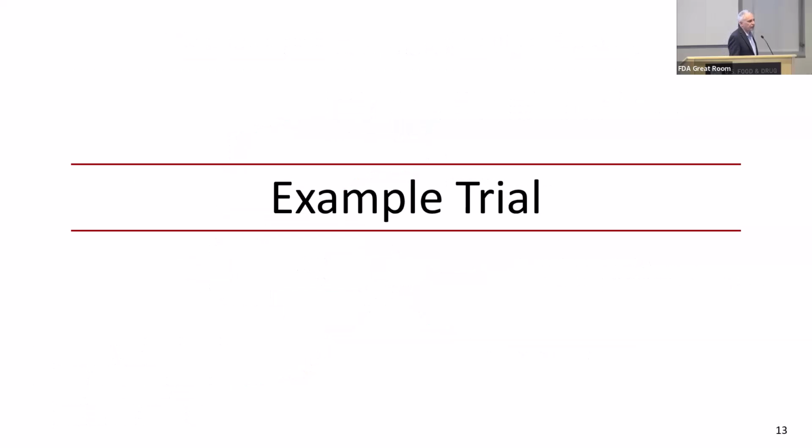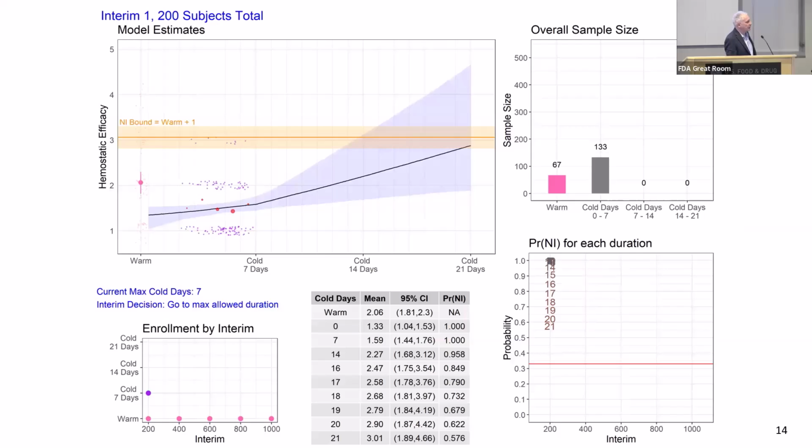So here's an example trial based on simulated data to show how this plays out. I want to take a second to orient you to this graph. In the upper left panel, the structure is the same as was in the simulated data I showed earlier. But at the start of the trial, after the first 200 subjects, we've only been allowing the cold stored platelets to be stored up to 7 days. So we only have data to support the model fit out to 7 days.